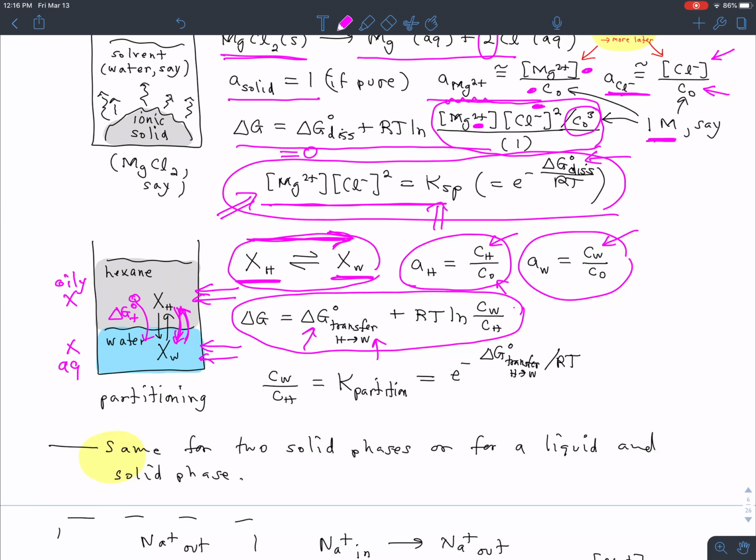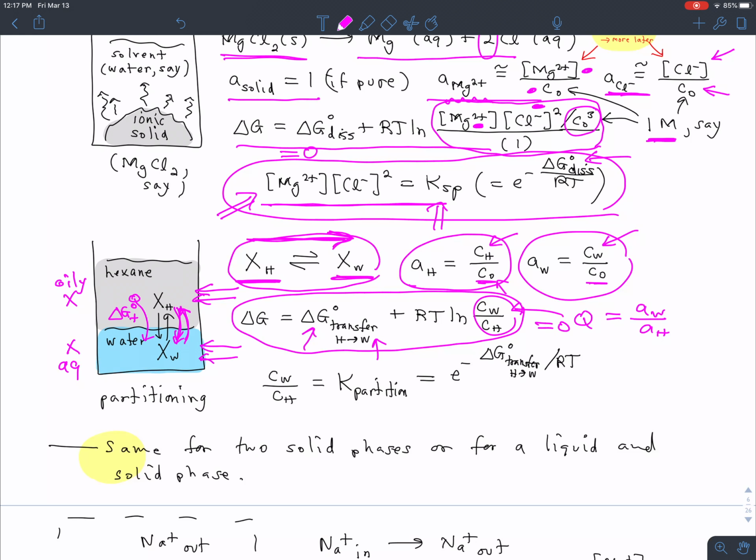And the Q is the ratio of the activities, activity for the water phase divided by activity for the hexane phase. And since the standard state concentrations divide out now, that just becomes the molar concentration in the water phase divided by the molar concentration in the hexane phase.